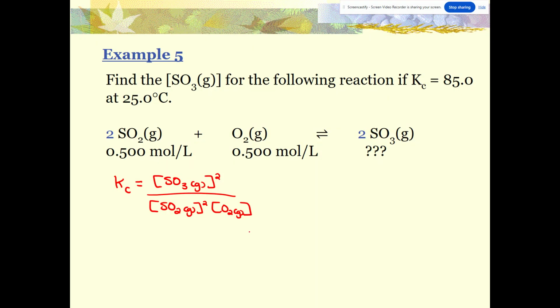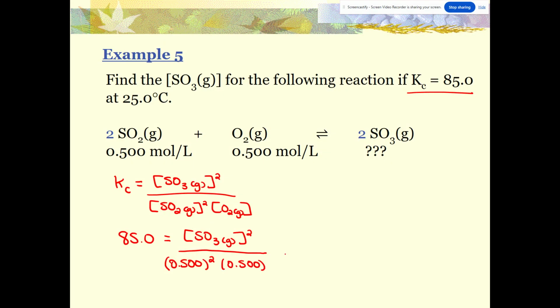Now, if I put the numbers in, that I have my Kc. My Kc is 85.0, given right there in the question. SO3 is what we're solving for. It's asking us to find SO3. So I'm going to leave it. You could label it as X if you wanted to. My SO2 is 0.500, and that one is squared. And my O2 is 0.500 to no exponent.